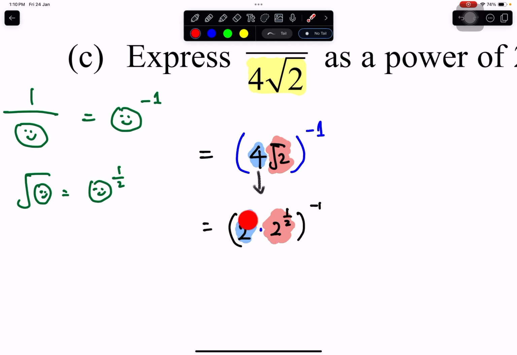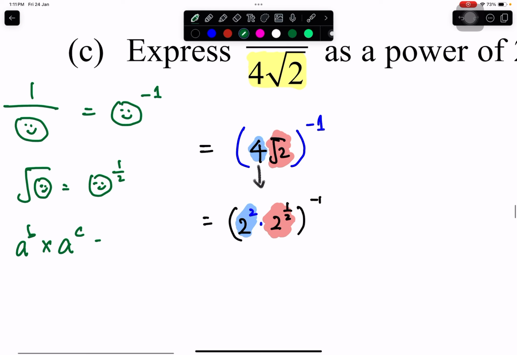Now, don't get confused. Hey, I've just multiplied the 2 and the top 2 together and the 1 over 2 together. That becomes 1. No, because you remember one thing, that it's a to the power of b times a to the power of c. You see the times is at the bigger side. It's at the bottom, right? So you will write it as a to the power of b plus c. We're going to apply the rule here as well.